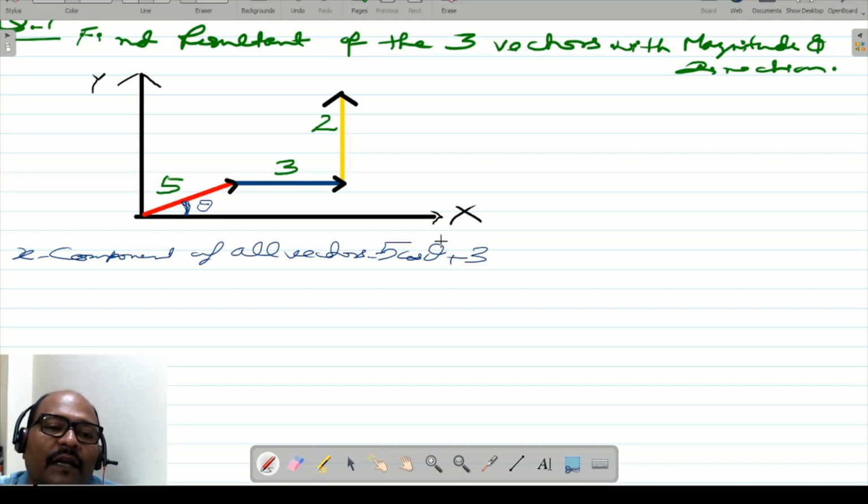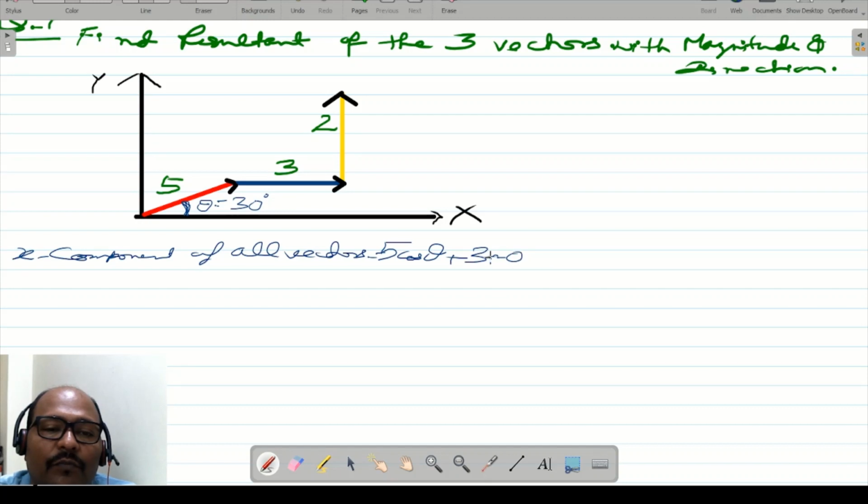And let us take theta equal to 30 degrees over here. And 3 is already in the x direction, plus what is the component of 2 in the x direction? It's 0. The direction of 2 is along the y-axis, so the component of 2 is 0. So we will write it as 0.